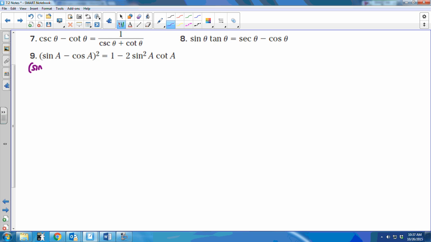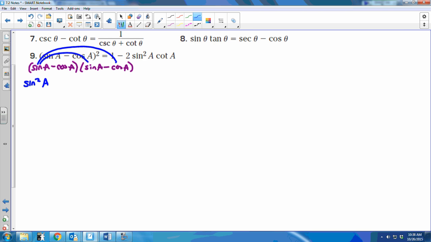Anytime you ever see a binomial squared on these problems, you need to FOIL. If you don't FOIL, you're going to be missing out on probably important information that's hidden because you didn't FOIL. So if we're going to FOIL, we have sine times sine, which is sine squared.